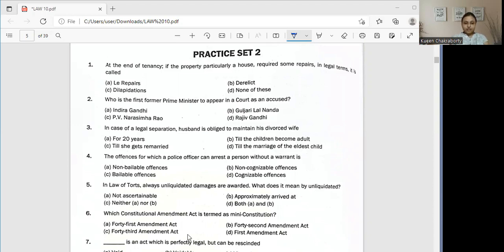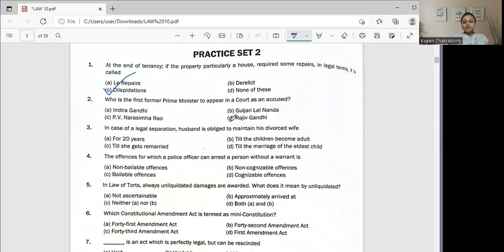Which will be the correct answer? I think you all know that the correct answer is option C, dilapidations. I'll mark option C as the correct answer, dilapidations. It's not called repairs or derelict or none of this. It's option C.